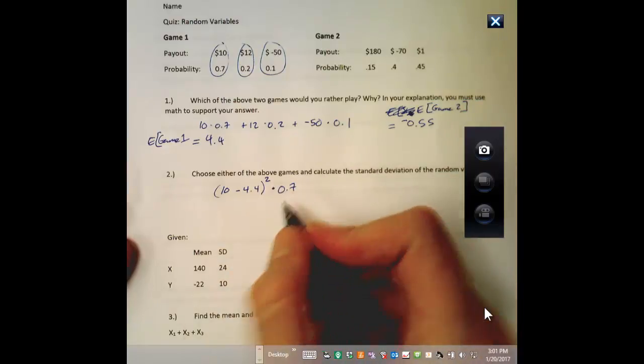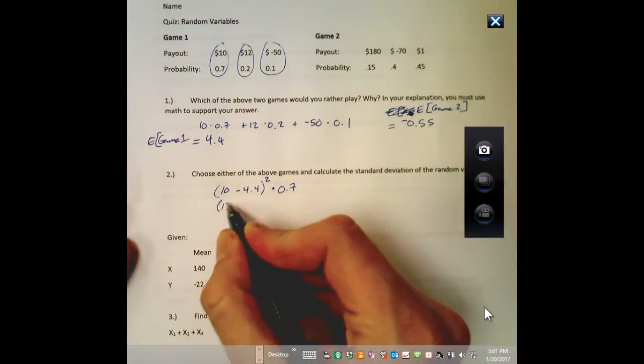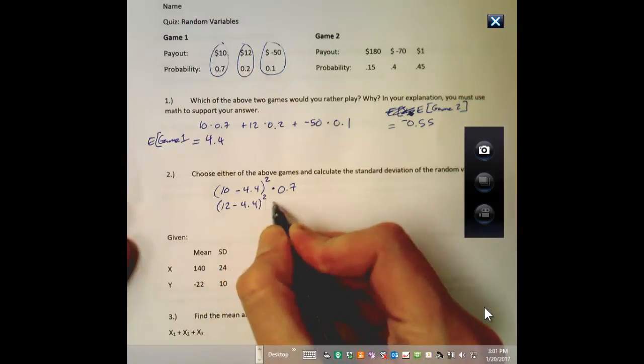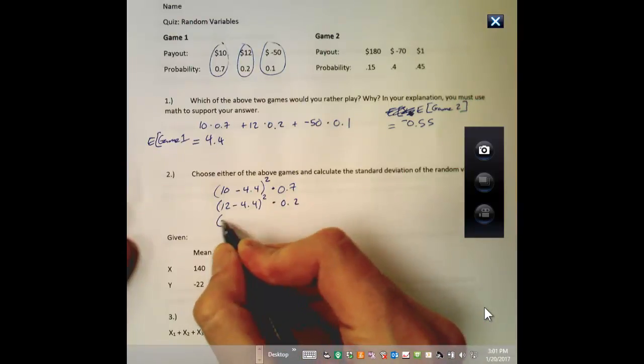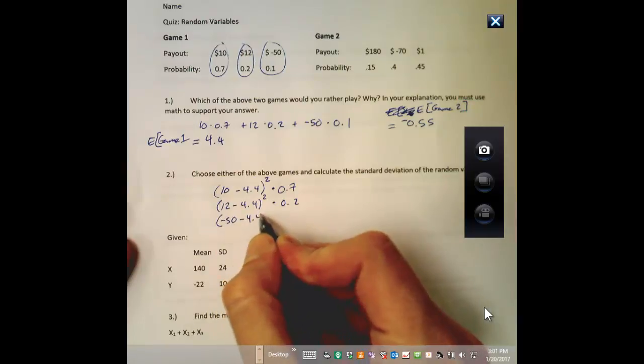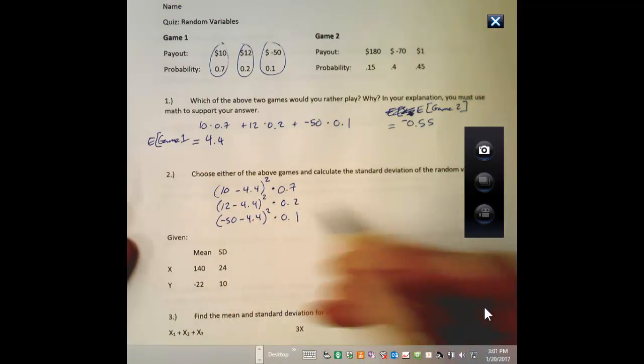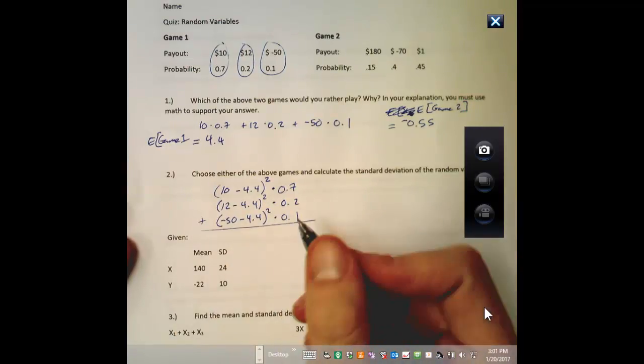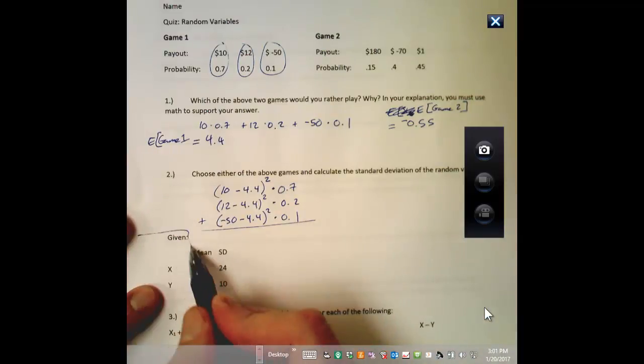And that's going to be a term in a sum. So I'm going to do the same thing with this, times its probability, and that times its probability. And then I'll add it up, and I'll get what's called the variance.